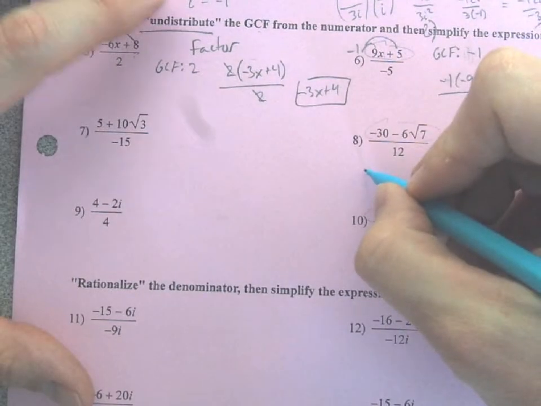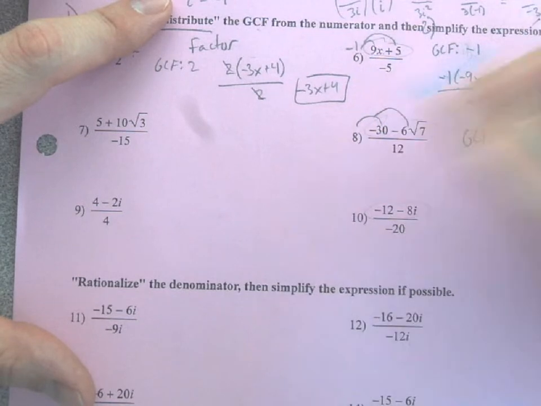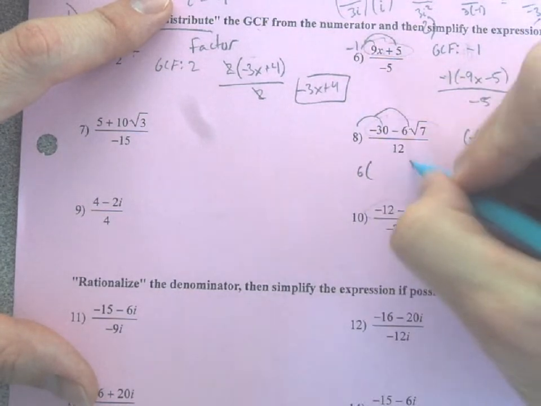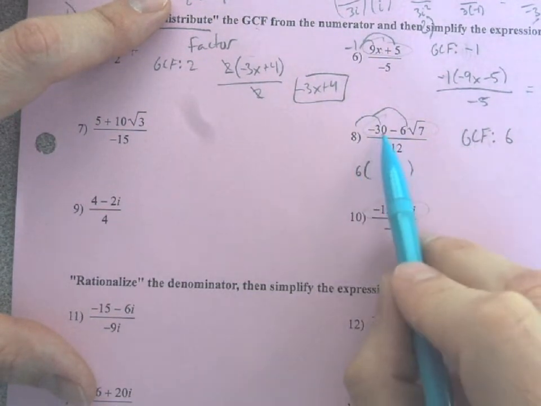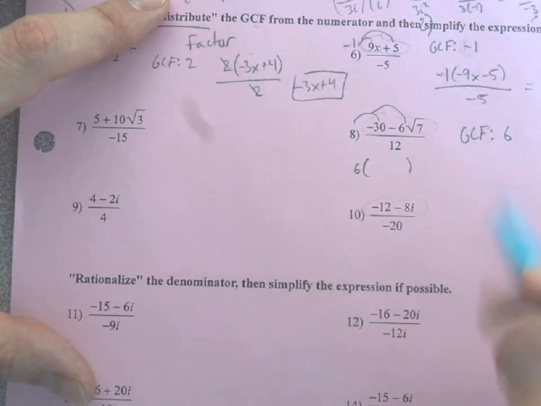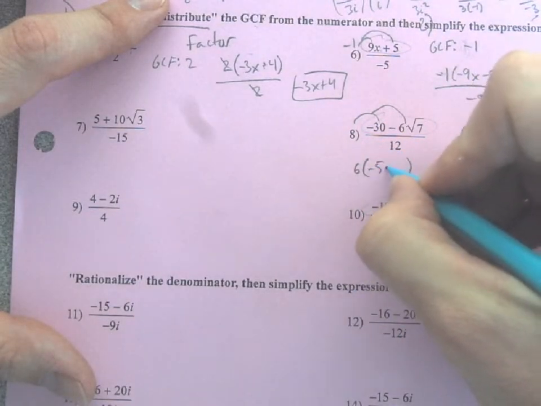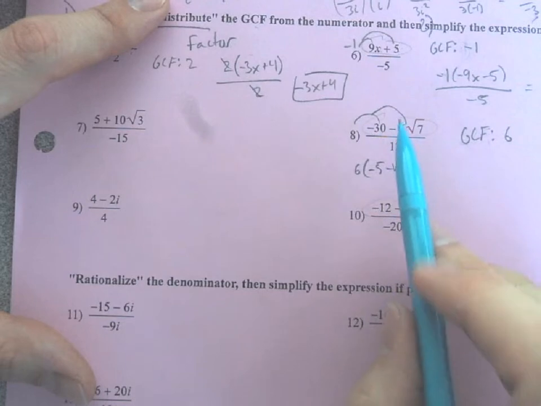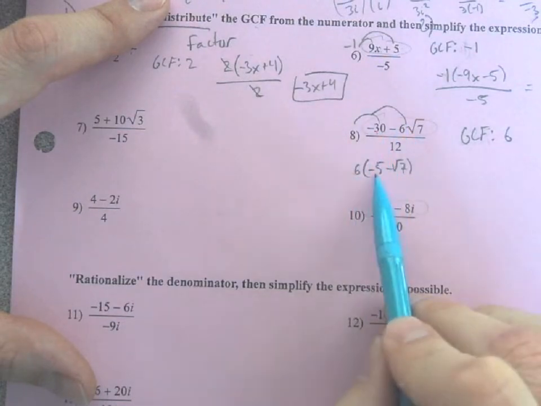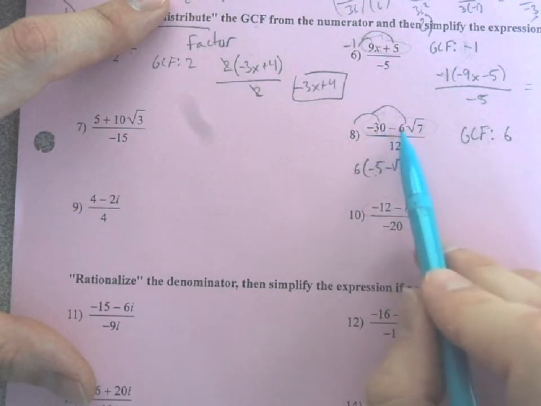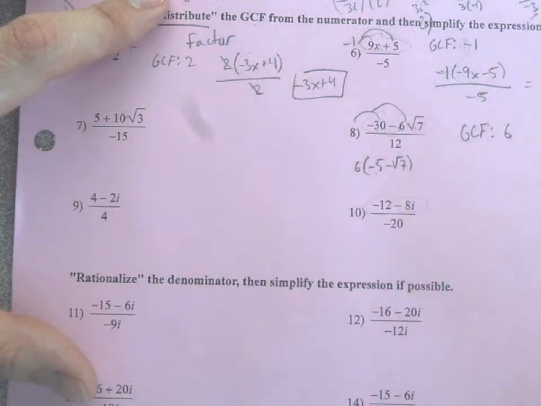So when we undistribute a 6 from these, we're going to have a 6 on the outside, right? Pull out the 6. So when we divide out that 6, basically undistribute it, we're going to have a negative 5 minus root 7. So negative 30 divided by 6 is negative 5. And then when we divide this 6 out, we're left with negative root 7.